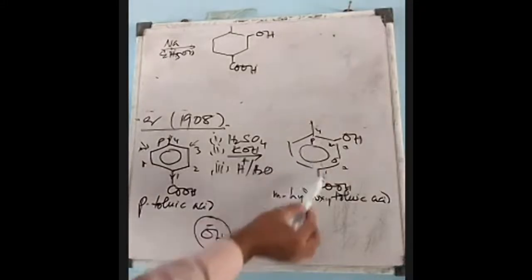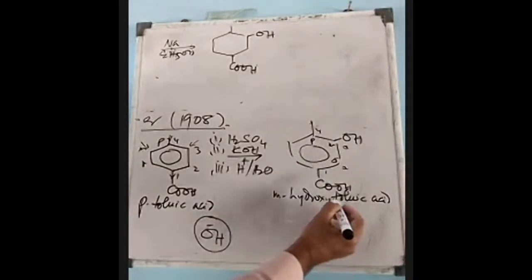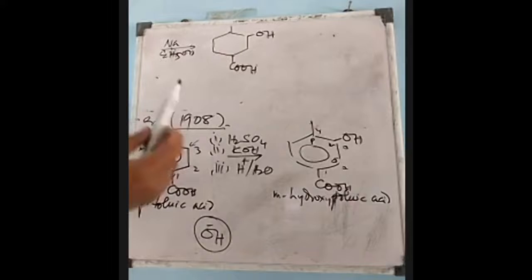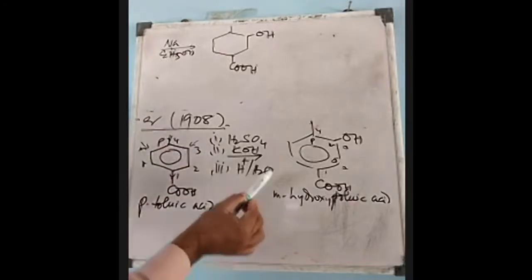Now this will be the same compound, meta-hydroxy paratoluic acid, but here hydrogenation has taken place. So we can call it meta-hydroxy perhydro paratoluic acid.